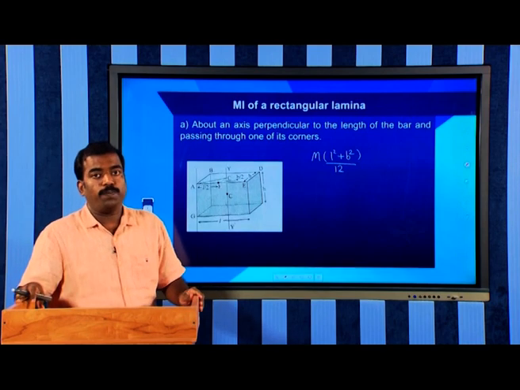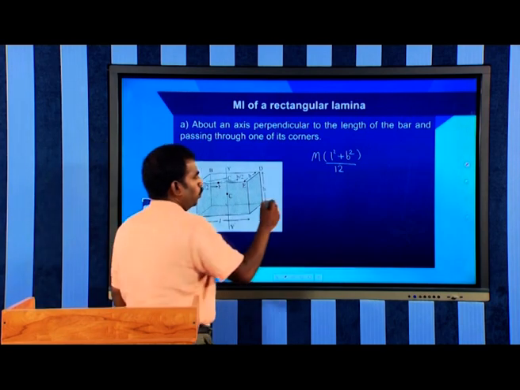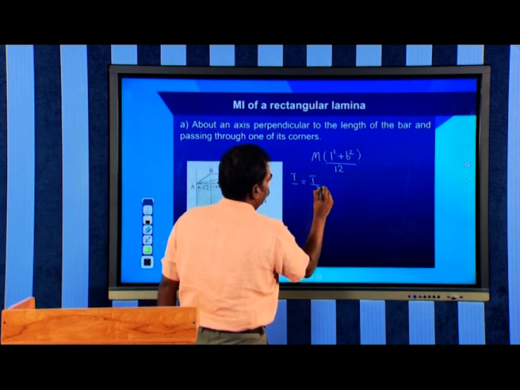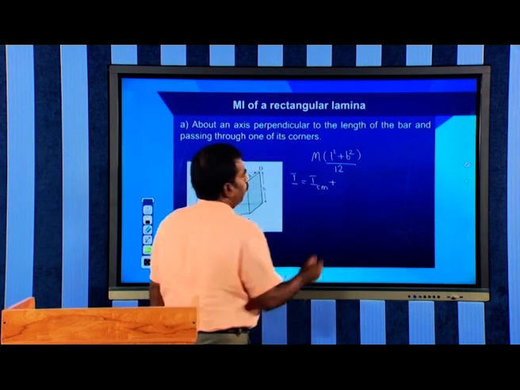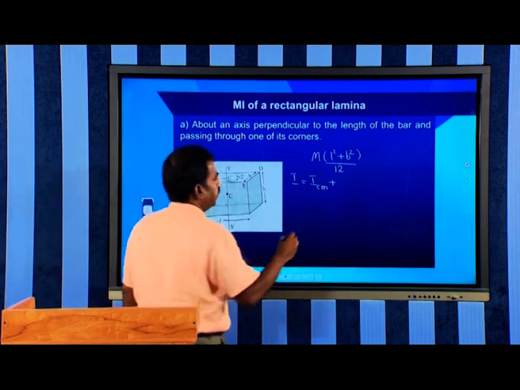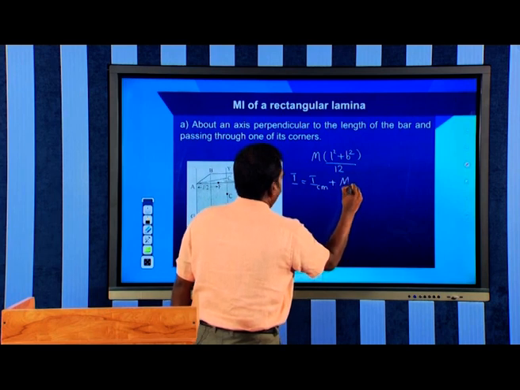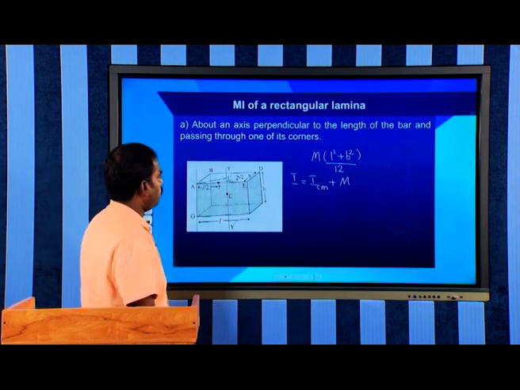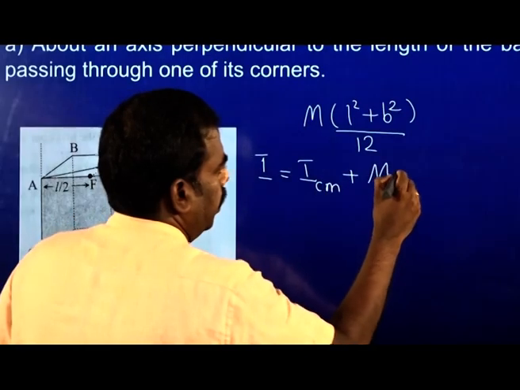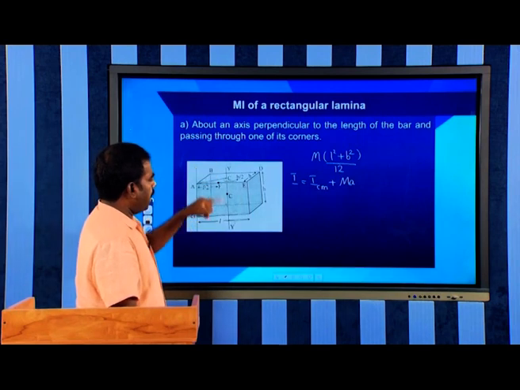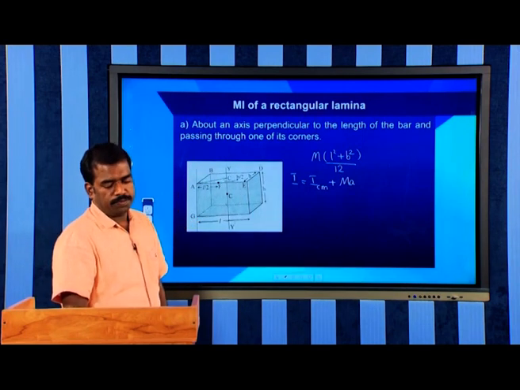We can use the parallel axis theorem. I equals ICM plus the product of mass and the square of the distance between the axes. So it is m into A square, where let A be the distance between AG and y dash.